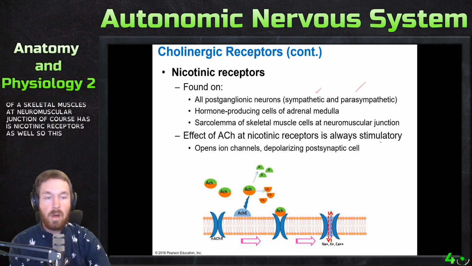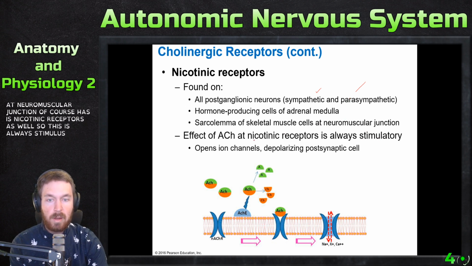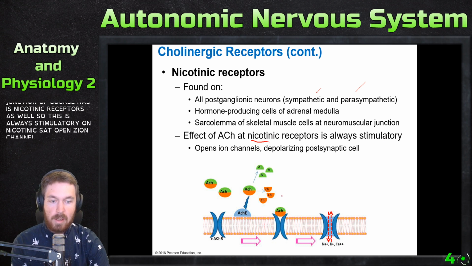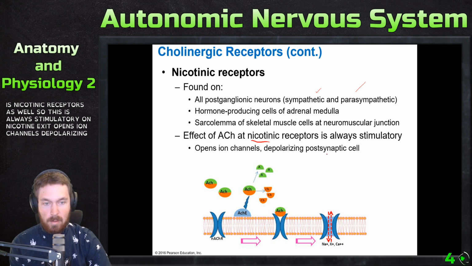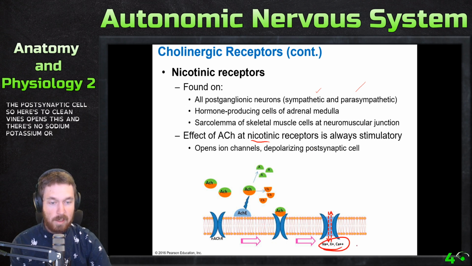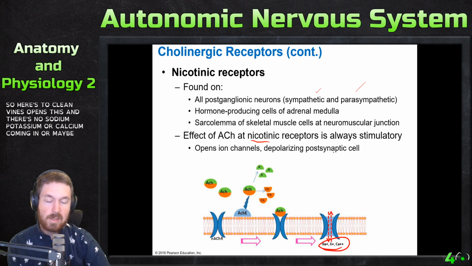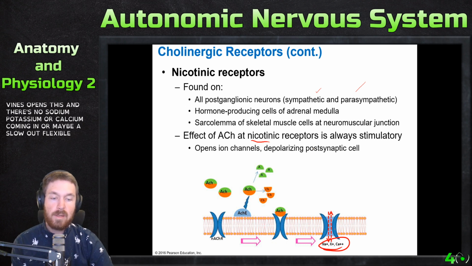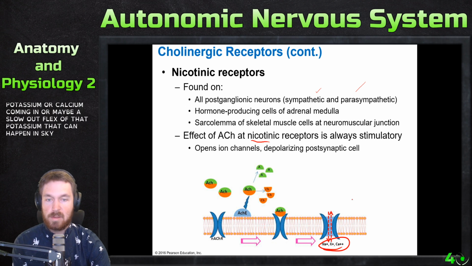This is always stimulatory on nicotinic. It opens ion channels, depolarizing the postsynaptic cells. So here acetylcholine binds, opens this, and there's sodium, potassium, or calcium coming in, or maybe a slow outflux of potassium that can happen in skeletal muscle.